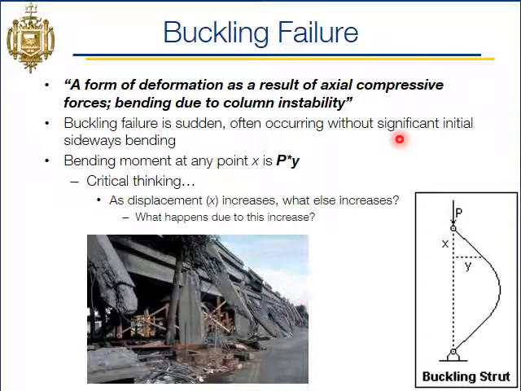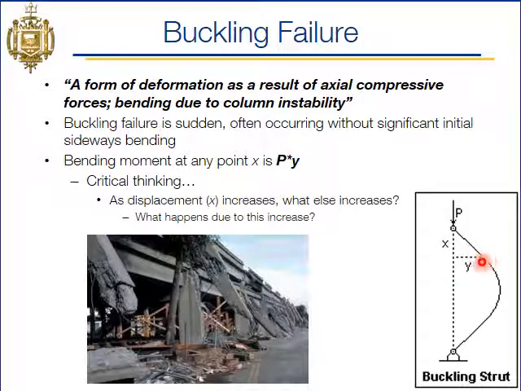The reason we get this sudden failure is due to the mathematical relationship between P and Y. P is the buckling load, or just the load placed on top, and Y is the amount of lateral deformation of the column. We get this lateral deformation because essentially X starts getting shorter, right? This point starts moving down this way. As this moves down, Y begins to increase, right?